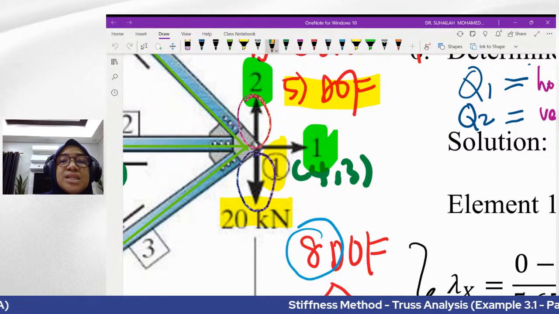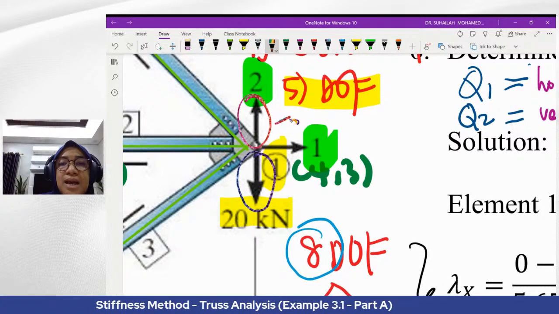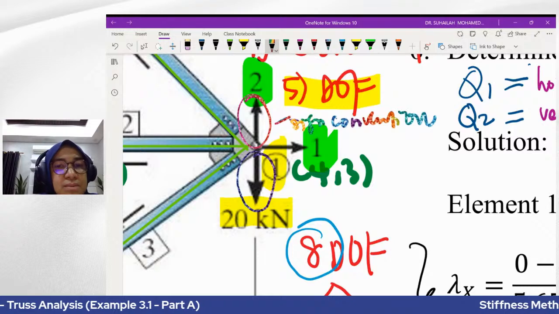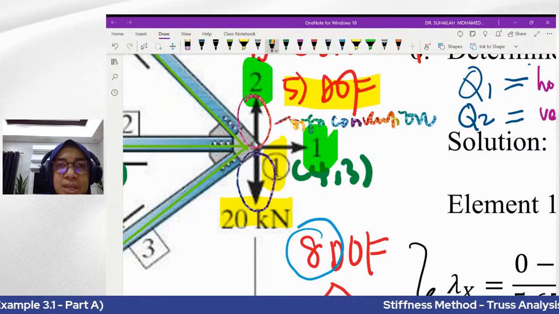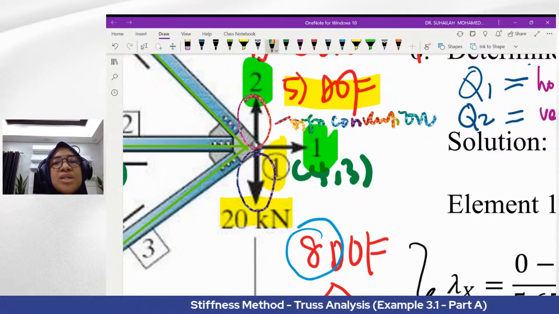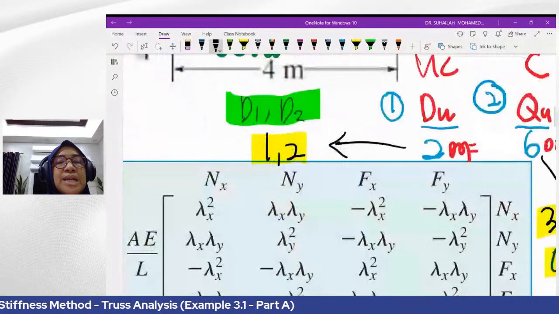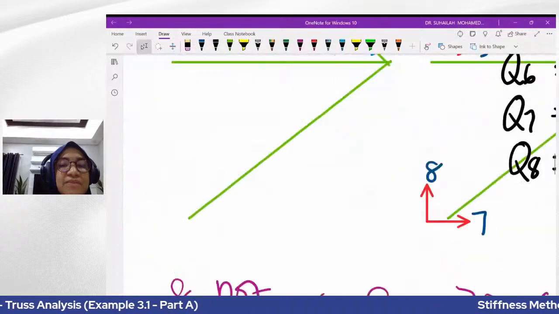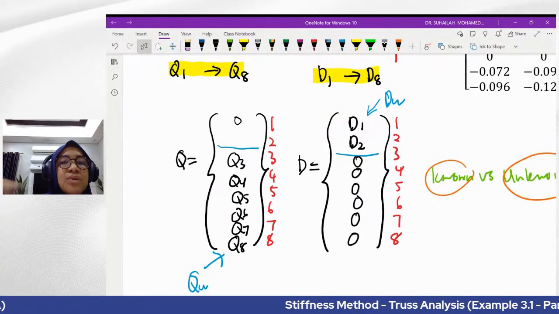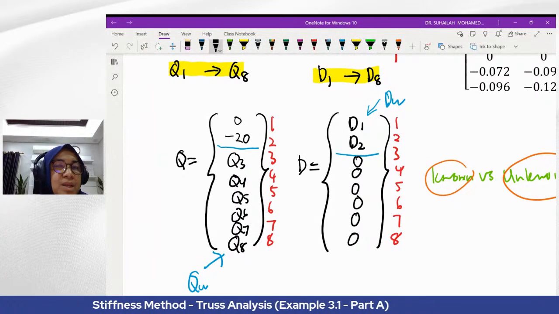This is the sign convention, and the force is in the downward direction, opposite to the sign convention. So the value for Q2 is equal to negative 20.